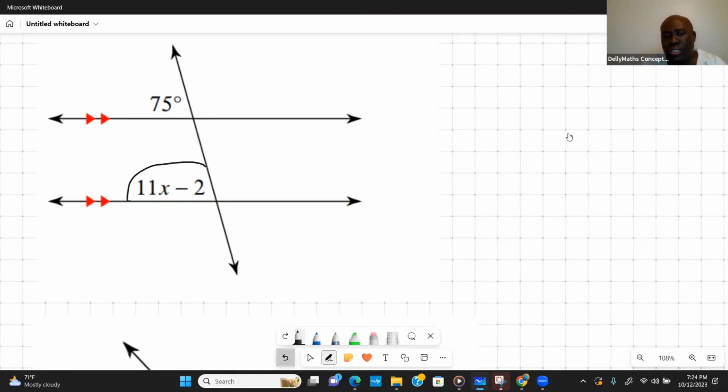But if you take a closer look, you're going to notice that these angles are in the same position, in that little corner to the left of the transversal. So they are corresponding angles. So at this moment, we're going to indicate that these angles are corresponding angles.